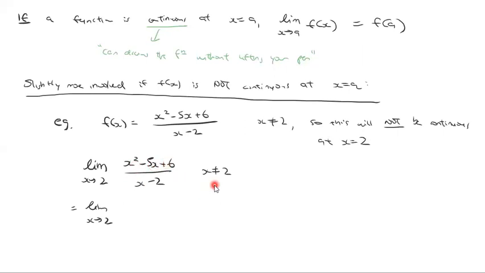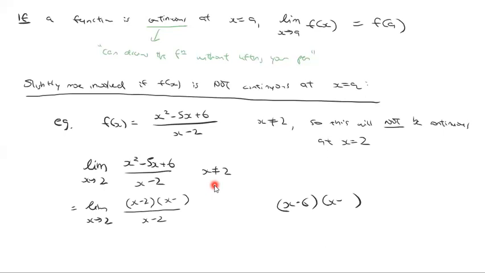What does the numerator factorize into? x minus 6, x plus 1? Nope, that doesn't work, because if you have x minus 6, x plus 1, you're going to get minus 6, not plus 6. Oh, negative 2 and negative 3.